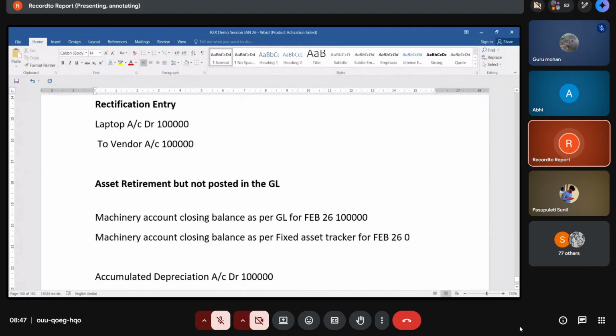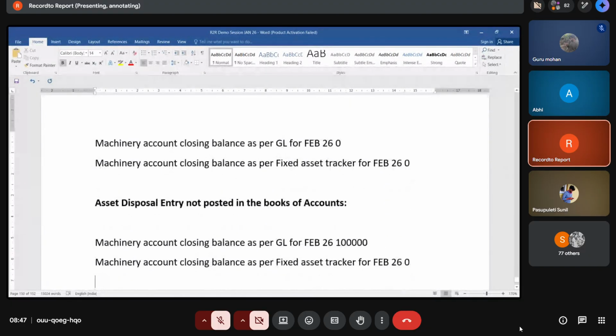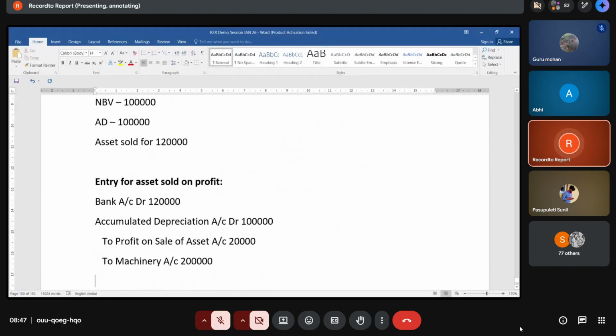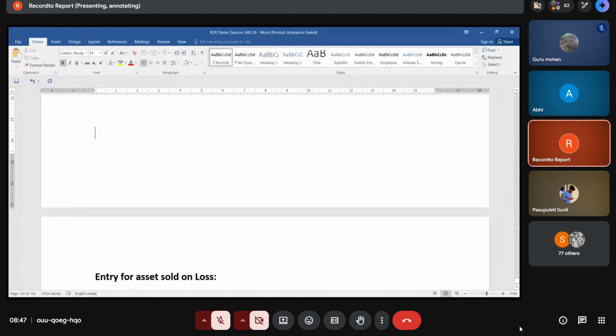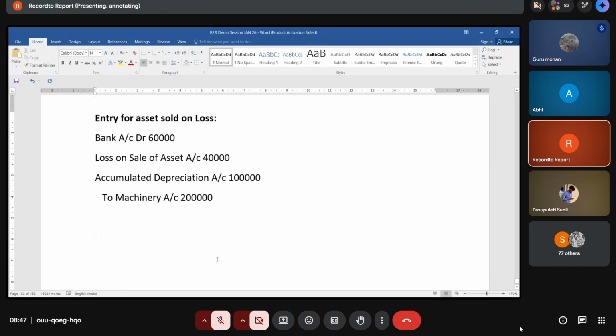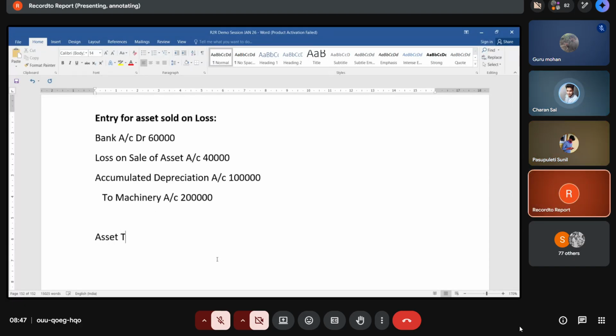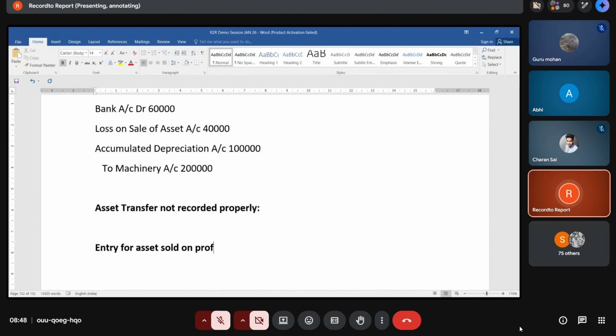So what is the meaning of asset transfer, guys? One branch to another branch, or one legal entity to another legal entity, they will record. See, in the asset account, for example the machinery account, the closing balance is showing 1 lakh.